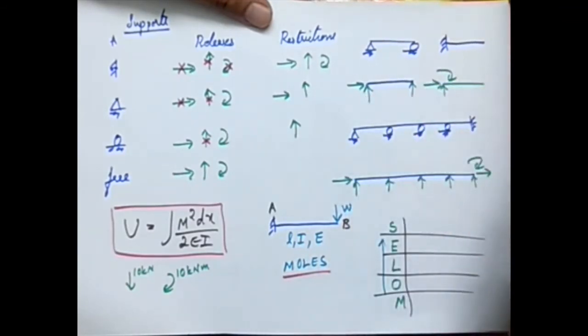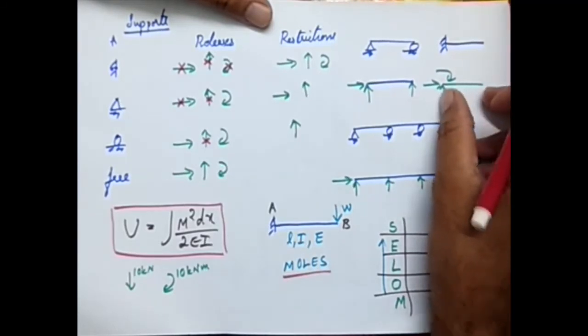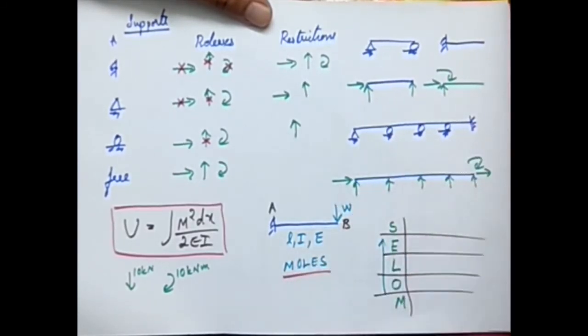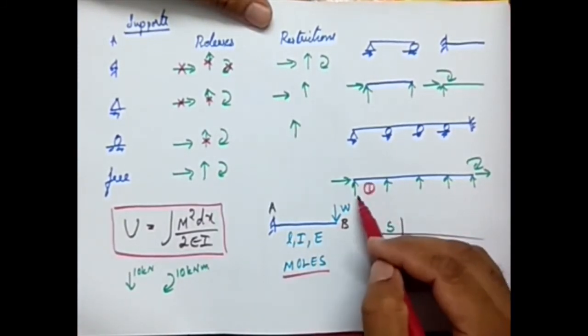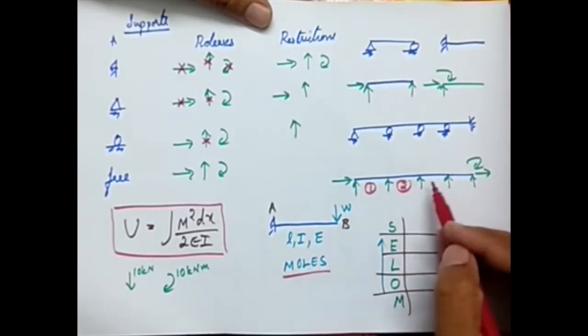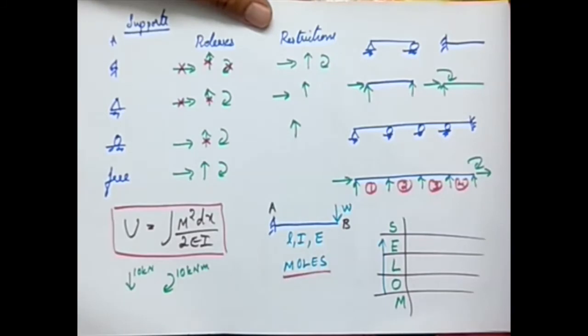Here also there is 1 point here, another point here, a single segment. But when you consider this one, how many segments will be required? You can see here there are 2 point loads, so this can be called segment 1, segment 2, segment 3, segment 4. So this is how we divide the different beams into different segments.